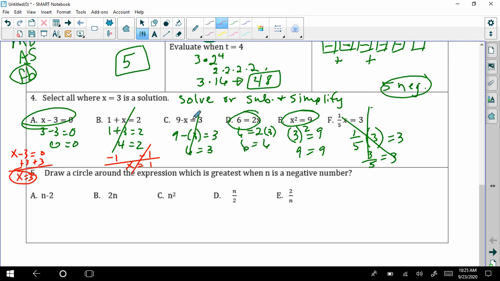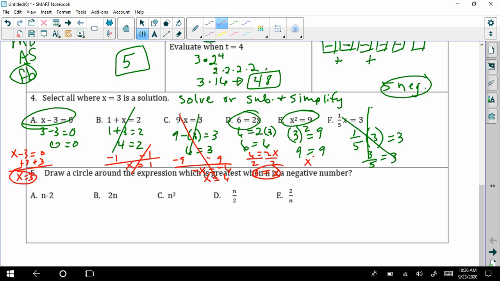I could have taken this and said take away 9, negative x is equal to negative 6, so x equals 6. That's not true. Here I could have said I've got 6 equals 2x, divide by 2, x equals 3, and that's true.